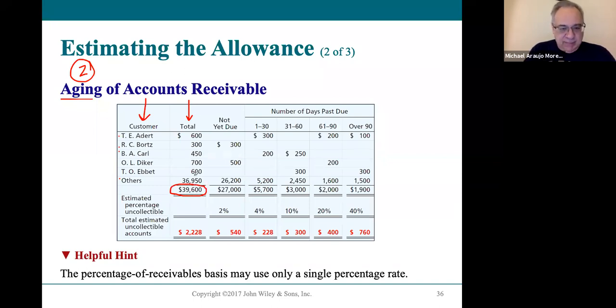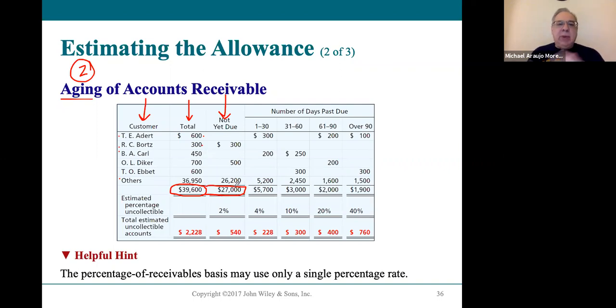That's the total, okay? Of which TEA Dirt owes 600 of, Bortz owes 300 of, etc. Okay. Well, the way receivables are, you're making a sale on account or you're doing a service on account, and you give them a bill to pay, right? So in many cases, receivables may not be due yet. And so in this case, 27,000 of that 39,000, the due date hasn't hit yet.